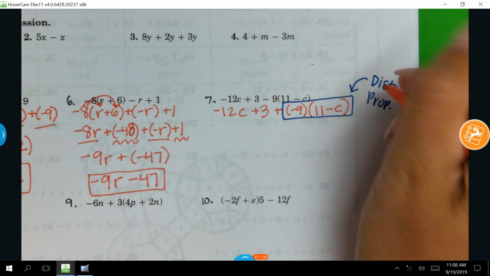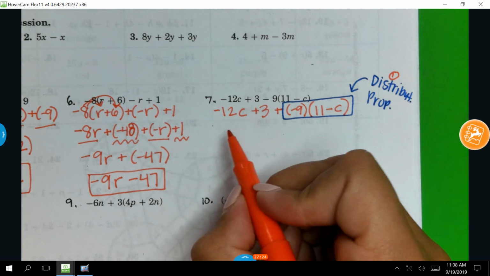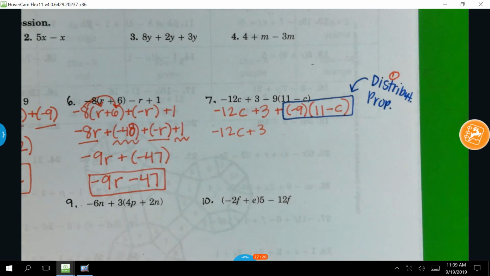So that's the very first thing you need to do, is do that distributive property. So I'm just going to go ahead and copy down my negative 12c plus 3, because I know that I'm not doing anything with those two numbers right now.